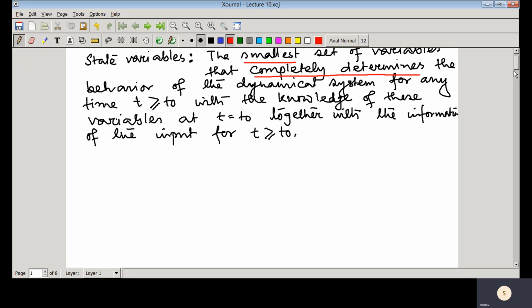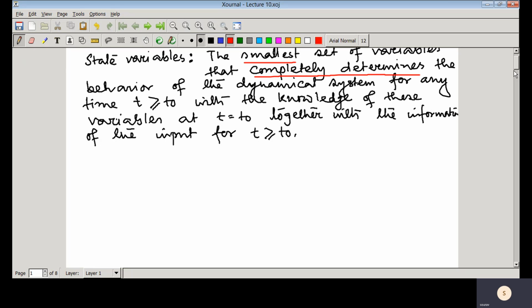Here the number of state variables is the order of that system. Those things we will see via some numerical examples. Then I think we'll better understand the important aspects of the state variable modeling technique.